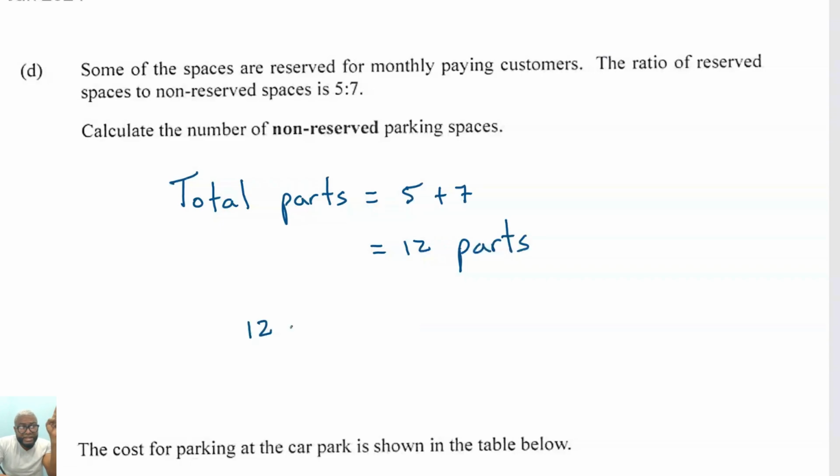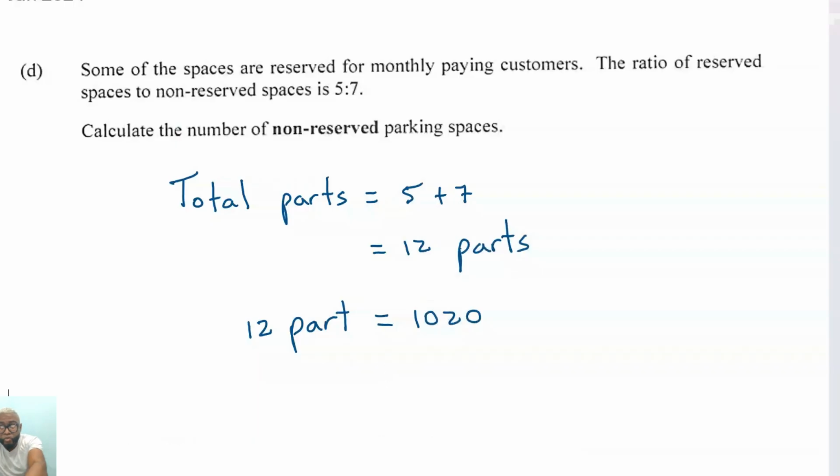So that would mean that 12 parts would be equal to 1,020. Now, those who did ratios with me a year and something ago, once you find out what one part is, you can flex anyhow you want to flex, right? The mission is to find out how much one part is. So if 12 parts is equal to 1,020, one part will be equal to what?